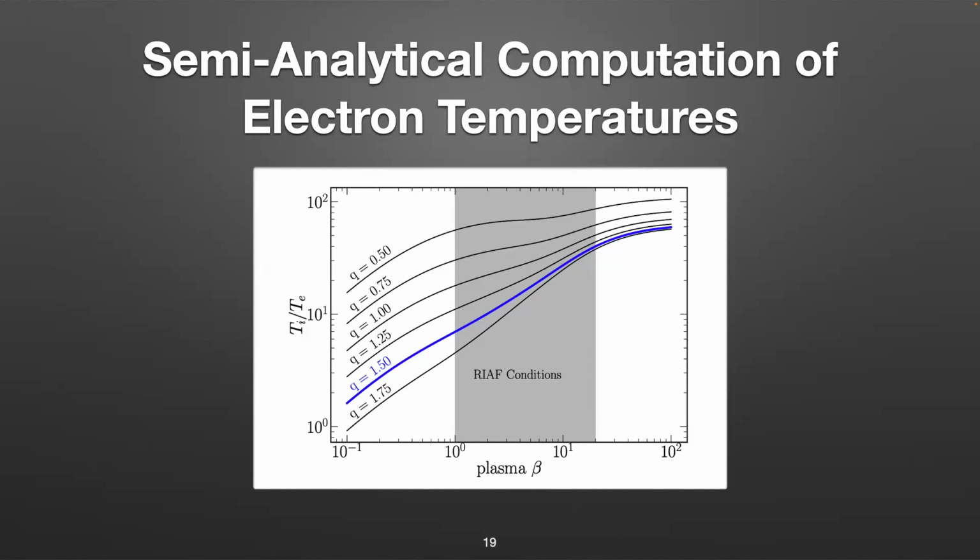So what I'm plotting is the ion to electron temperature ratio as a function of plasma beta. This is something which is always used to extrapolate from the single temperature global GRMHD simulations to obtain images. Using semi-analytic computations, you can infer what the ion to electron temperature ratio is, and as you can see, global scale physics impacts that.